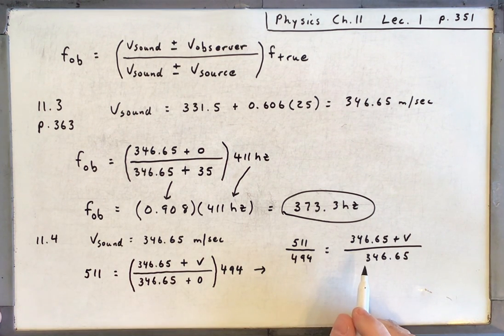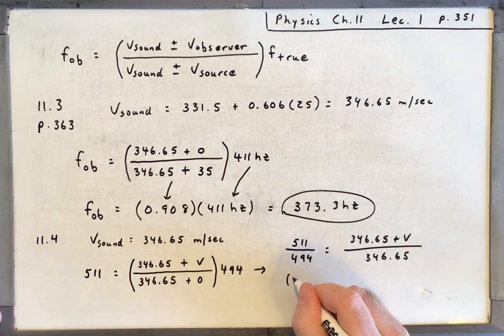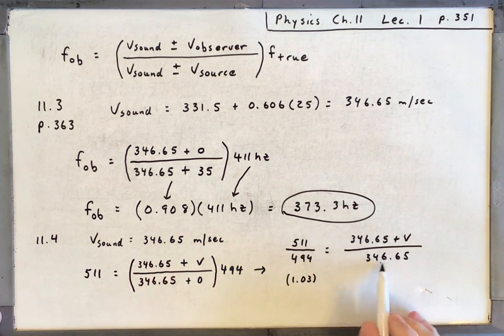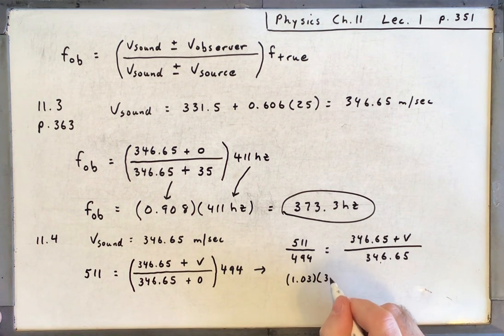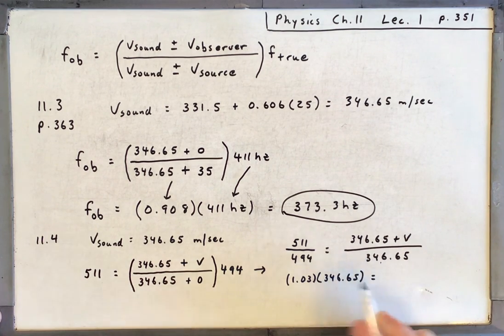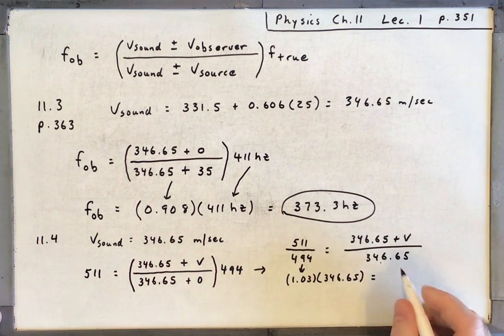All right, that 511 over 494 is 1.03. You can take that out more decimal places if you want. I'm going to multiply that by the denominator, 346.65. We're going to multiply both sides by 346.65.